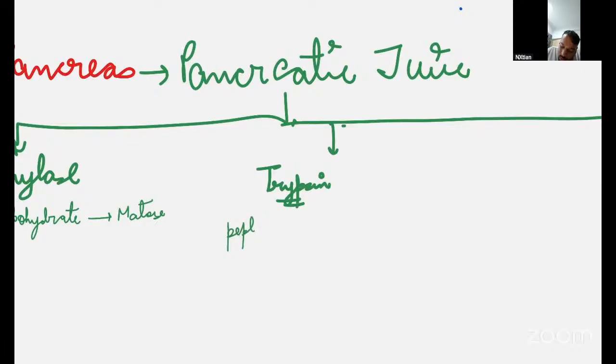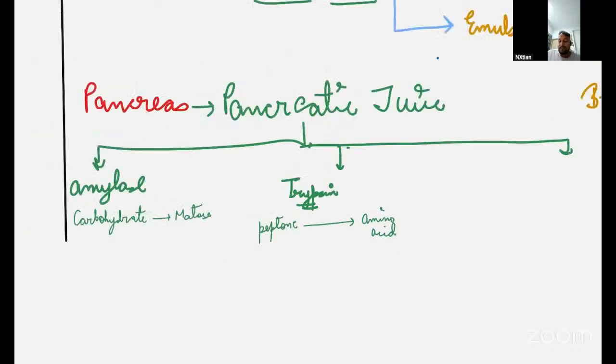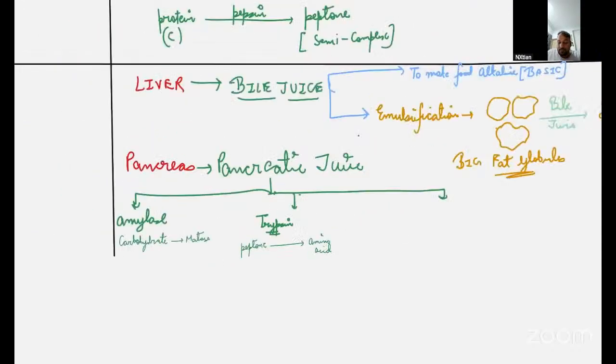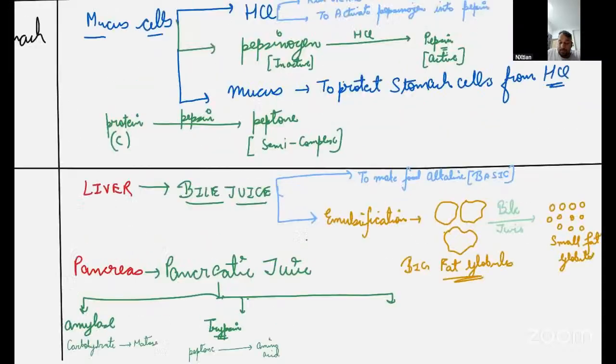The peptones which were left in the stomach will now be converted into amino acids. So what is peptone? The protein which was in the stomach, pepsin converted into a half part.